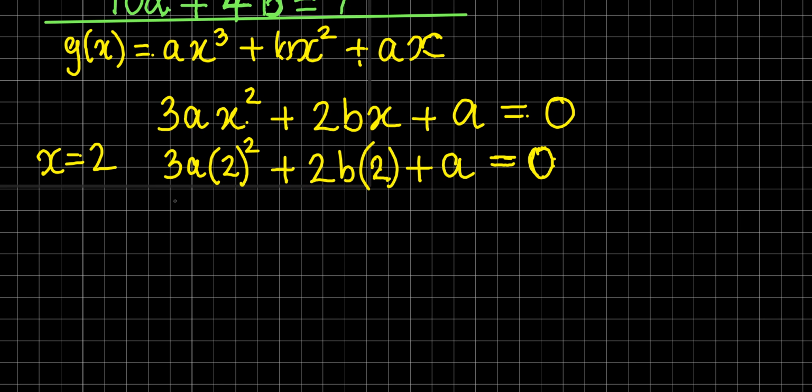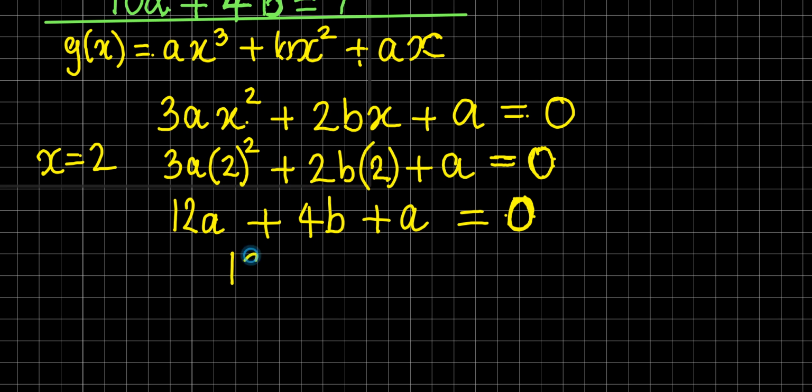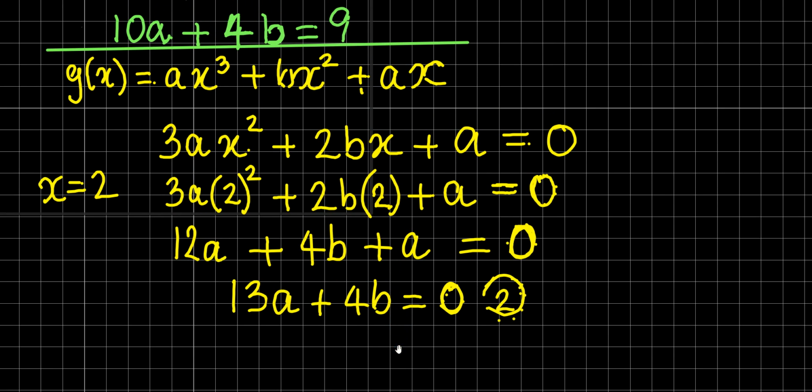So we would have 12a plus 4b plus a is 0. We can simplify that to 13a plus 4b is 0. So now we've got two equations. So this is equation 2 and this is equation 1.